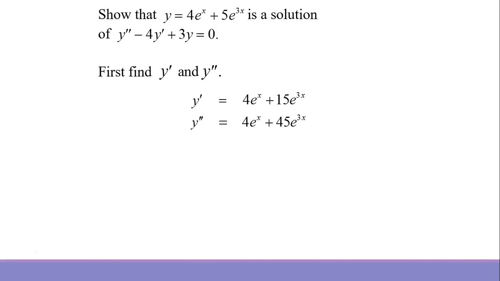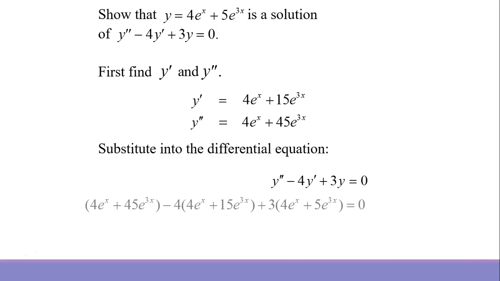Now it's time to do a little substitution. Everywhere in the equation where we see a y double prime, we'll substitute 4e to the x plus 45e to the 3x. And where we see a y prime, we'll substitute 4e to the x plus 15e to the 3x. And that gives us this.